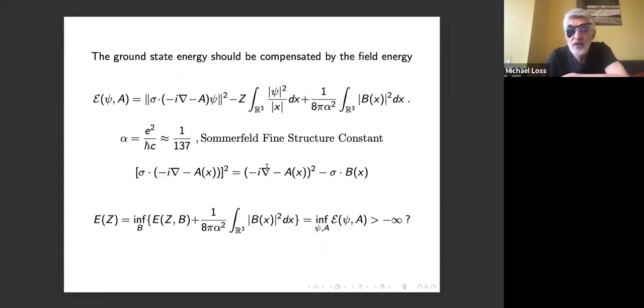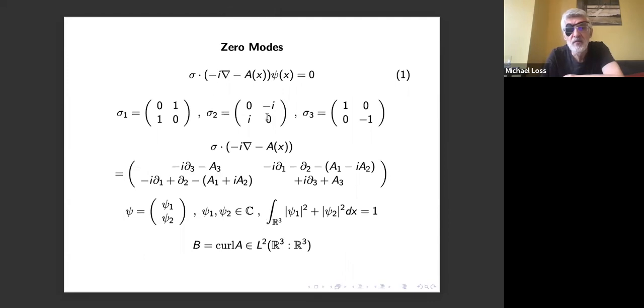Then the question came up, I think in 1985 or 1986, this is 35 years ago: when you take the infimum of the electronic energy plus the field energy, is this bounded below? It turns out there is an obstruction to that, and the obstruction is zero modes.